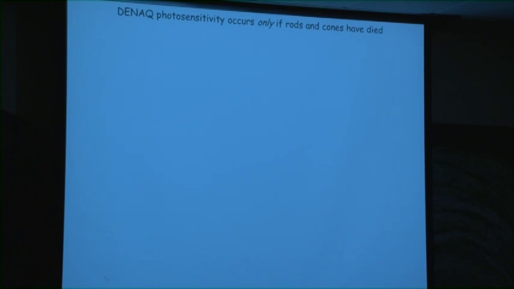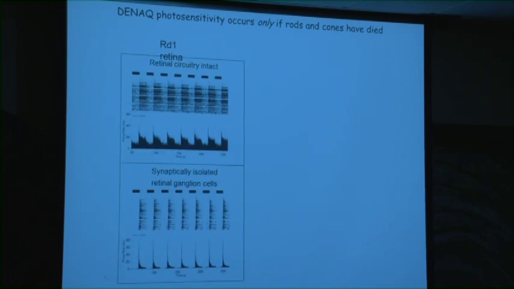So one of the real surprises that we've stumbled across in just the past couple of months is that it seems that the photosensitivity is specific to retinas that are exhibiting disease. This molecule only exerts its effect if the rods and cones are dead in the retina.